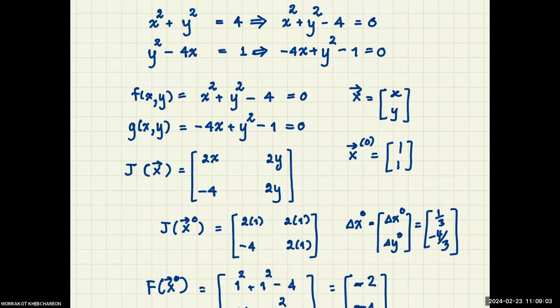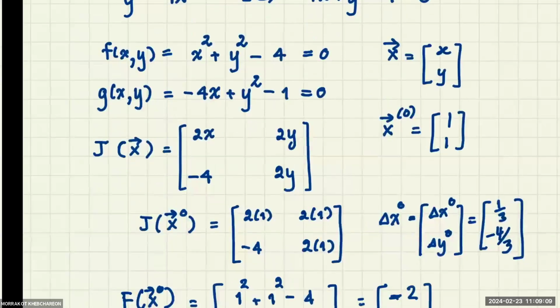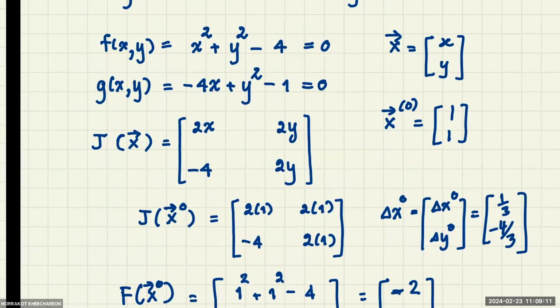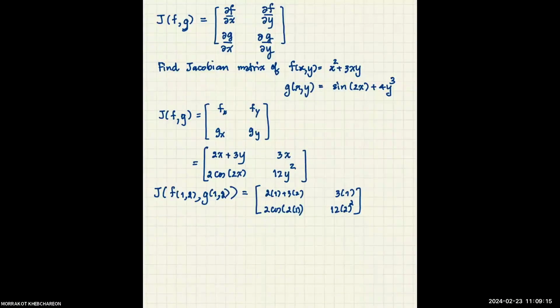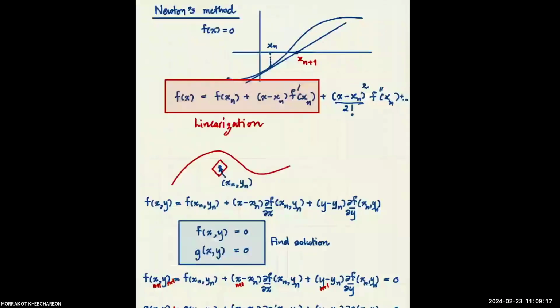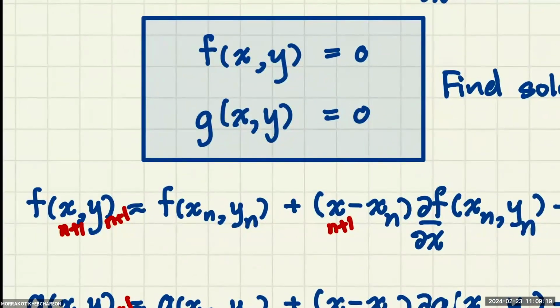If you remember that we studied before the midterm exam, okay, the Newton method. So when we derive the Newton method, we try to solve the problem, say that f of x equal to 0 and f of y equal to 0. This is the problem that we want to find, okay? I give you only 2 by 2 equations.